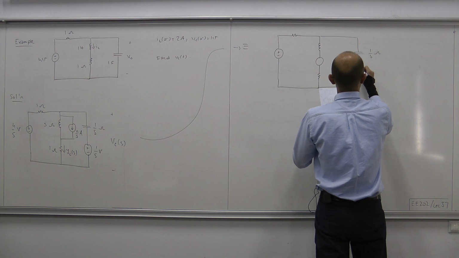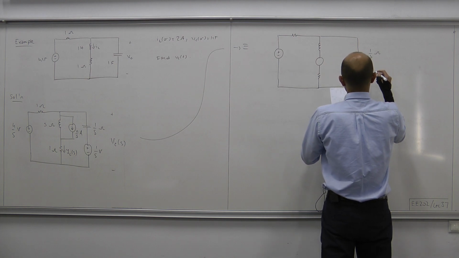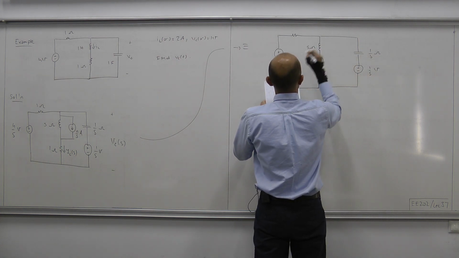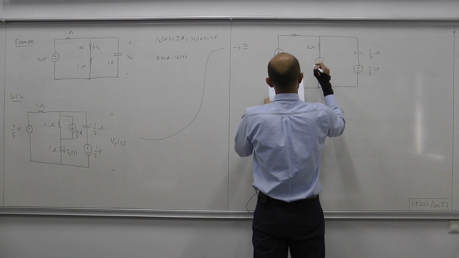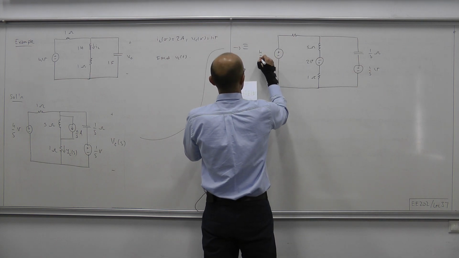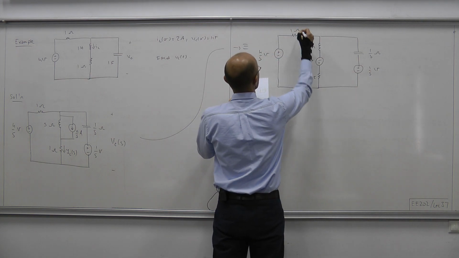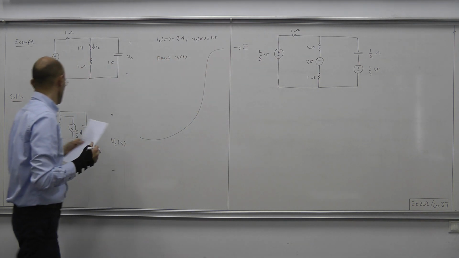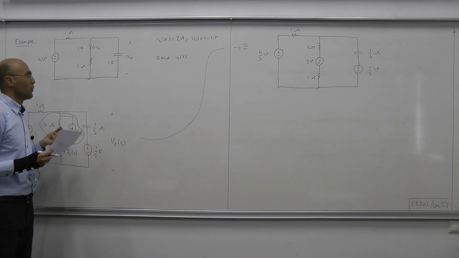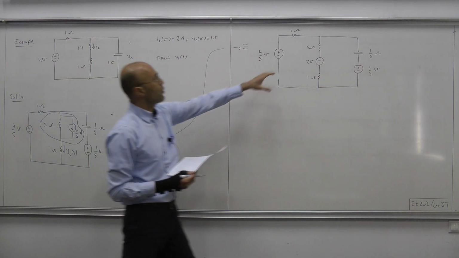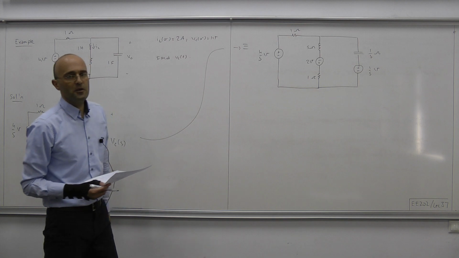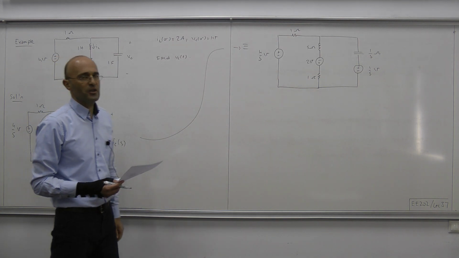S ohms, 1 over S volts, S ohms, minus plus 2 volts, 1 ohm, and this is 4 over S volts. So what we did is apply source transformation to this parallel combination, and we obtained this impedance connected in series with a voltage source. By doing that, we reduce the number of meshes, and now we can apply mesh analysis.